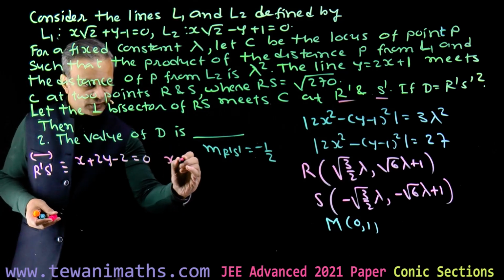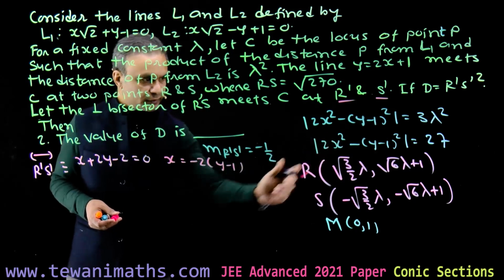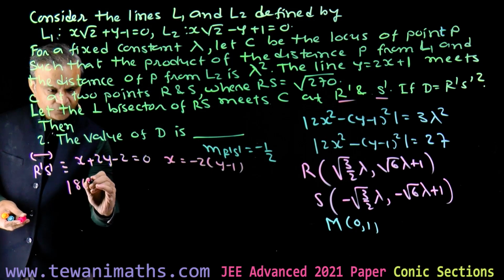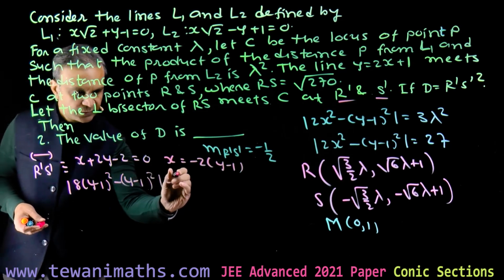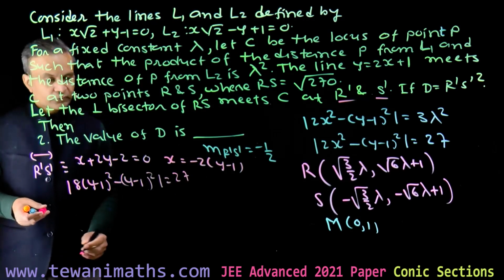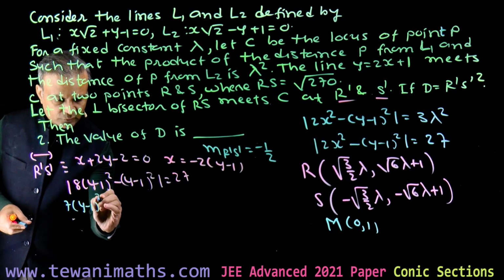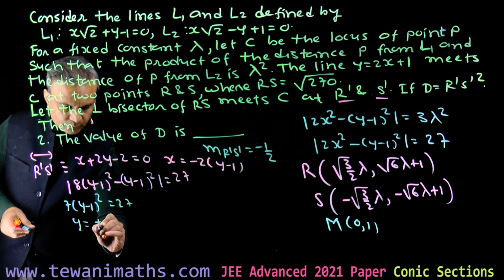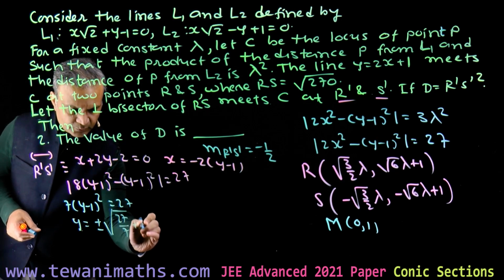From this equation we get x equal to minus 2 into (y minus 1). We put this value of x here. We get modulus of 8 into (y minus 1) whole square minus (y minus 1) whole square equal to 27. From this we get 7 into (y minus 1) whole square equal to 27, or y equal to plus minus root 27 over 7 plus 1.